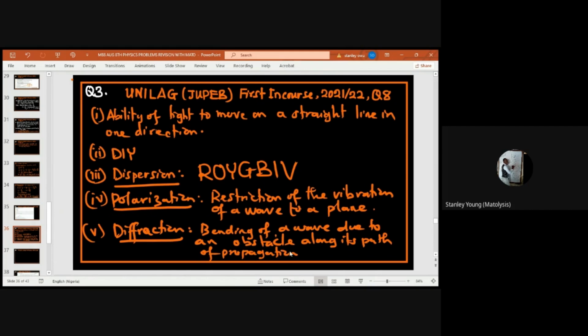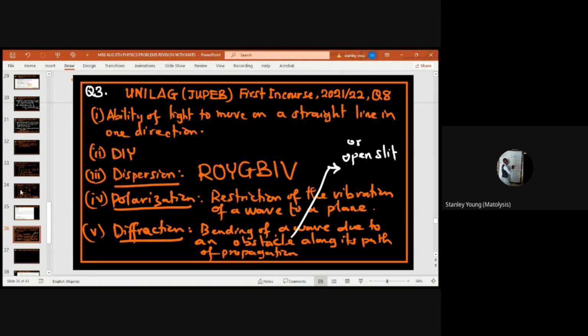If you don't want to use the word obstacle, you can also use open slit. Obstacle or what? Open slit. Anyone you want to use is okay. That's how you define diffraction.